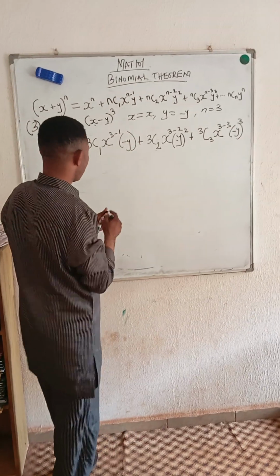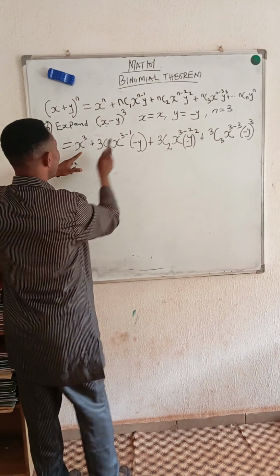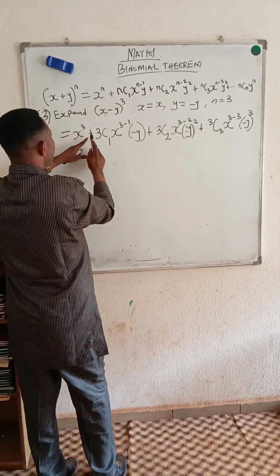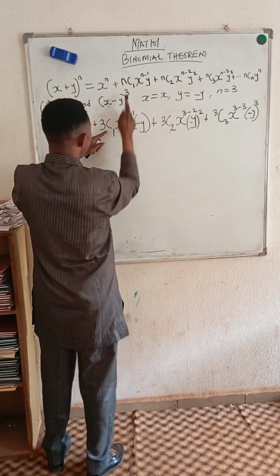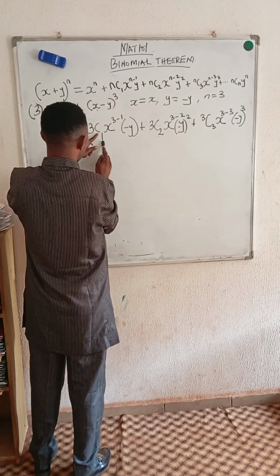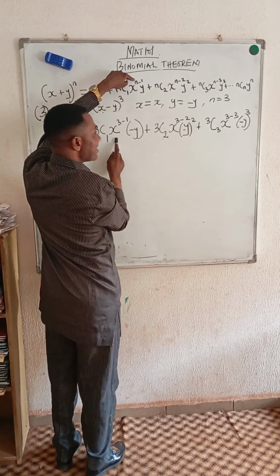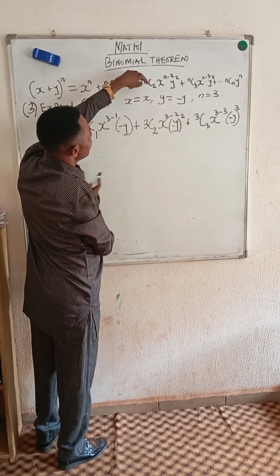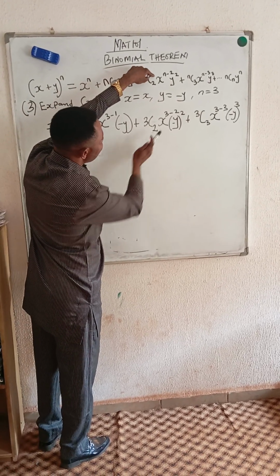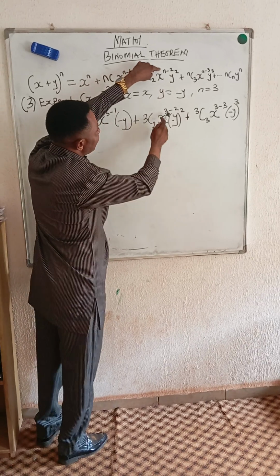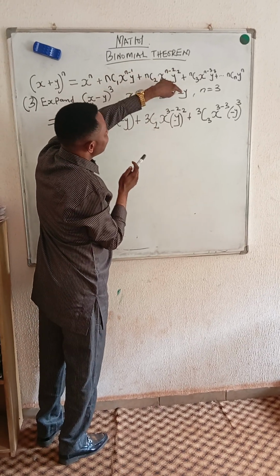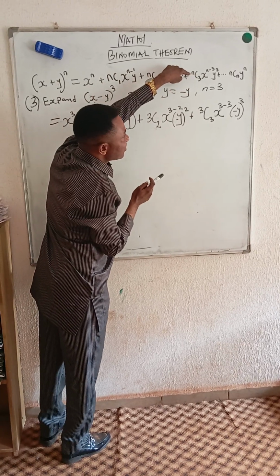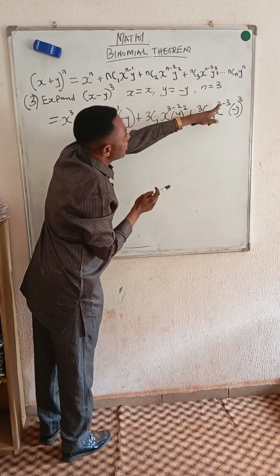Let's take it again so that I will not make a mistake. Check it all over. x, n is 3, put 3, plus n is 3, then the combination sign will bring it combination 1. x is still x, n is 3, 3 minus 1, then y is minus y, plus n, that is 3, combination 2, x is still x, n is 3, 3 minus 2, y is now minus y, then look at the square there, plus 3 combination 3, then x, 3 minus 3.